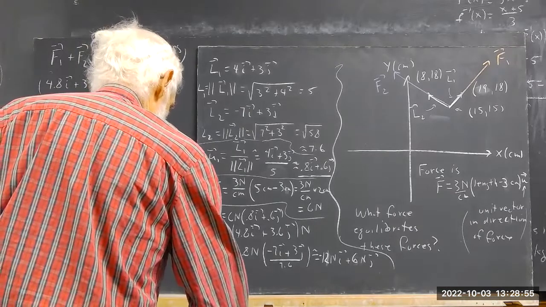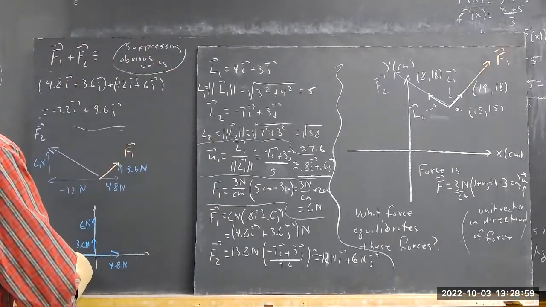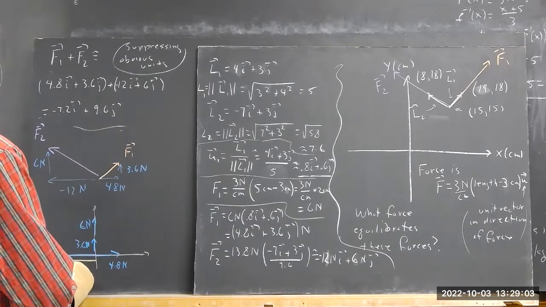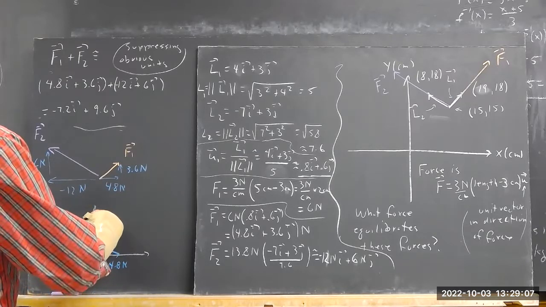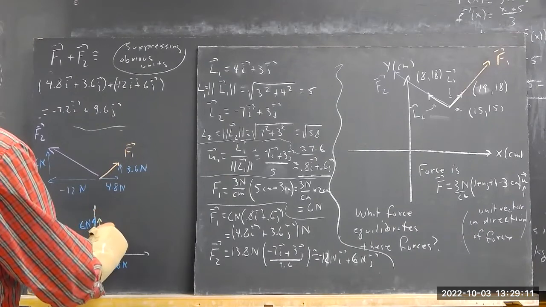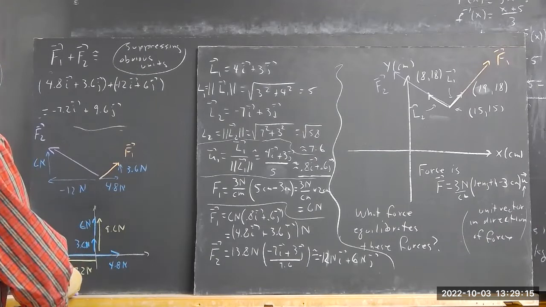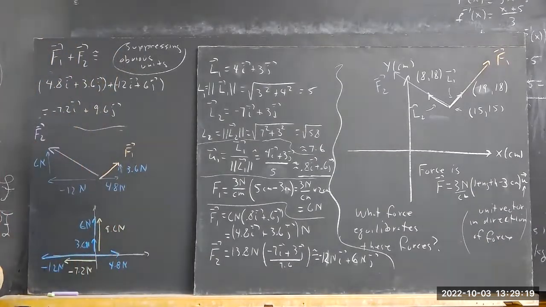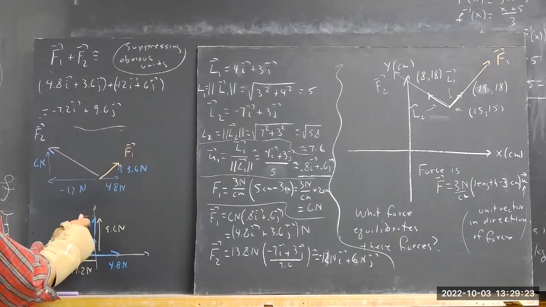So I end up with the equivalent: negative 7.2 newtons this way, 9.6 newtons this way, giving me my ultimate goal. I should have labeled these on the other side, but this one's going to work either way.